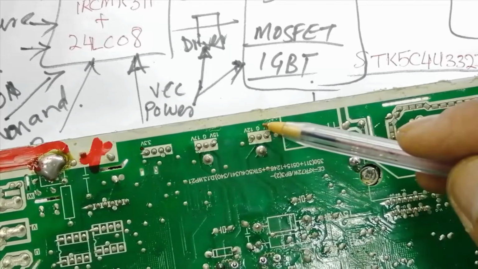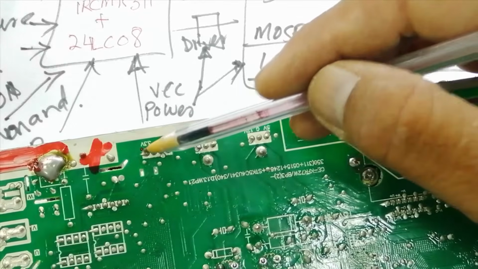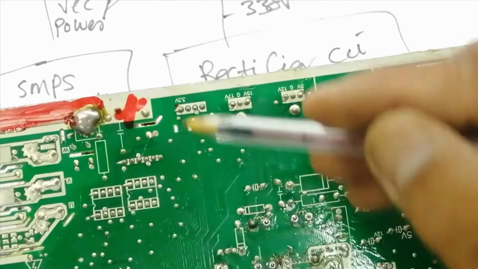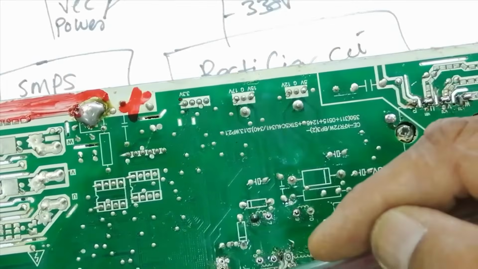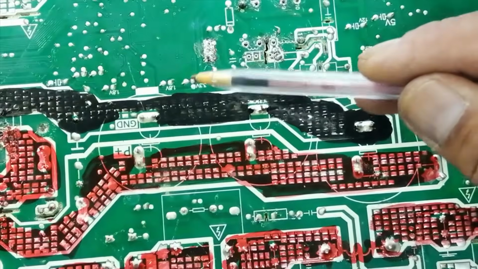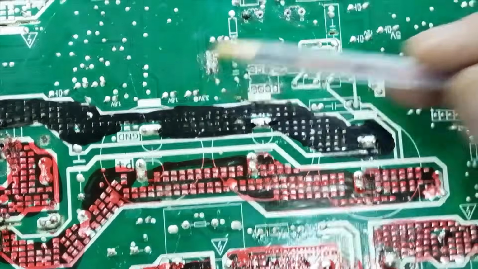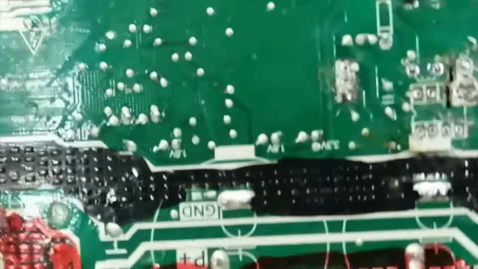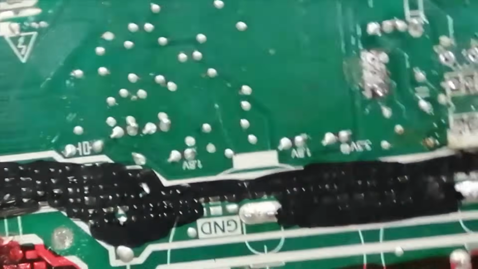If you don't have voltage here, here is the 3.3 volt regulator, and we will find these 3.3 volts from this point. Here is 1.8 volt and 3.3 volt. All voltages are mentioned on this board.